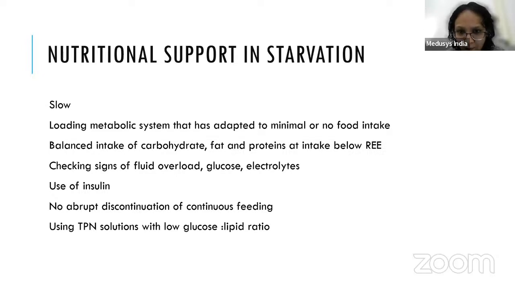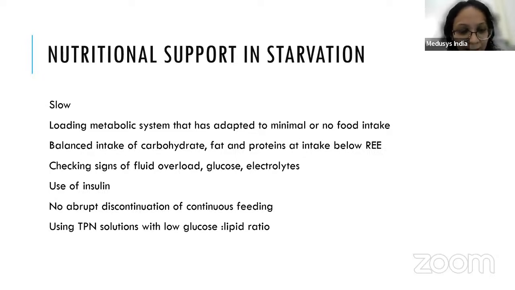It should be a balanced intake of carbohydrate, fats, and proteins at intake below REE, resting energy expenditure. And we should always check for signs of fluid overload, glucose, electrolytes. If needed, the use of insulin is recommended, because there are sudden surges of BSL when nutrition support gets started. So rather than cutting down your glucose supplementation, use of insulin is recommended.